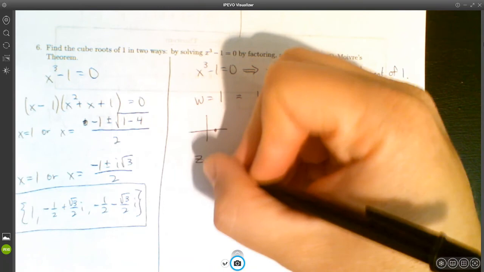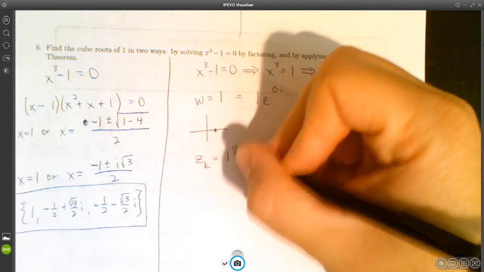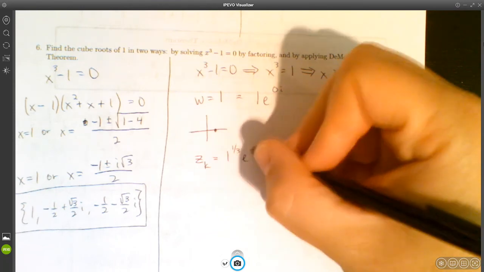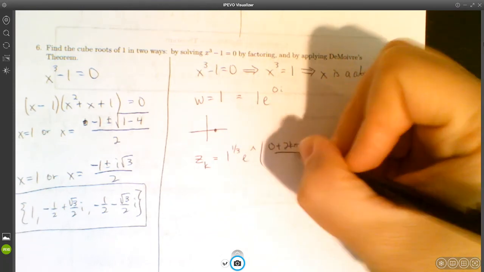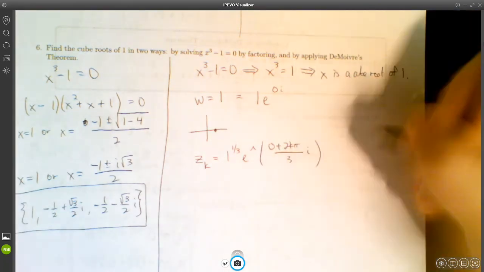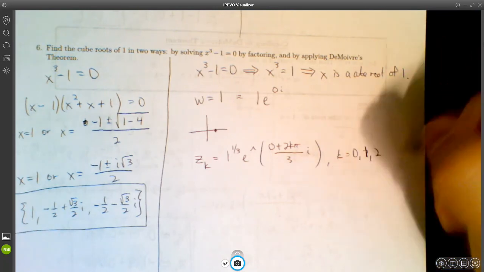So the cube roots, z sub k, is going to be 1 to the 1/3 power times e to the power of 0 plus 2k pi over 3 times i. K is allowed to go from 0 to 2, right?